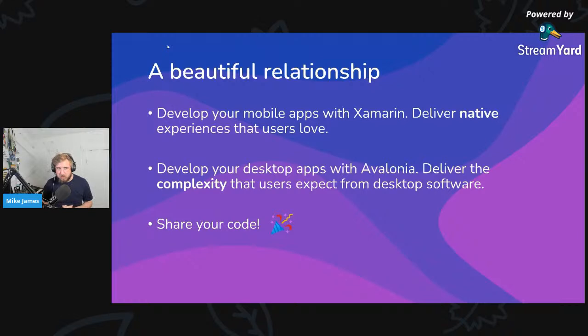A lot of mobile users are expecting a native user interface, and desktop apps are expecting complexity. And one of the things I think is important is that with mobile applications, you're often competing against apps from a cross-platform perspective. In the world of Xamarin, you're competing against apps built with Java or Swift or Objective-C, and those deliver almost the same experience as the Xamarin apps because they're also native applications.